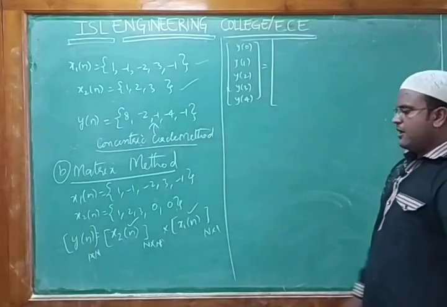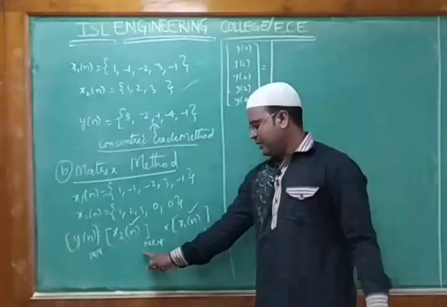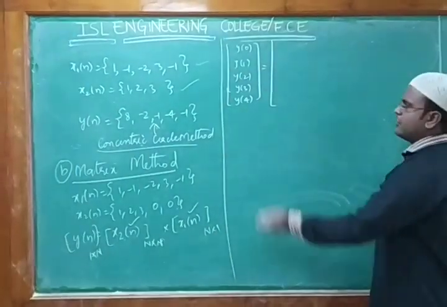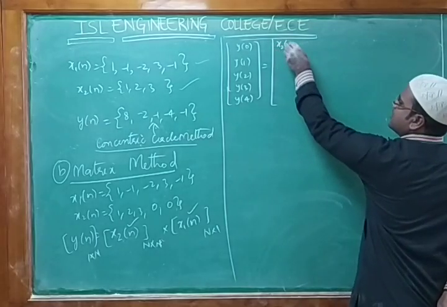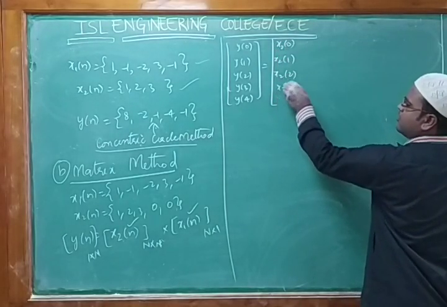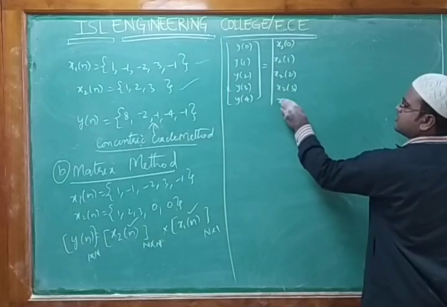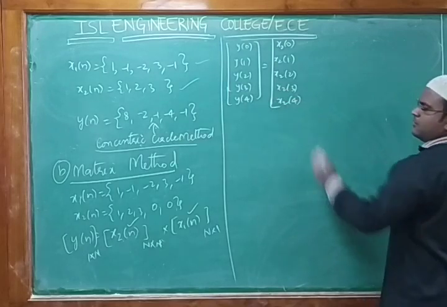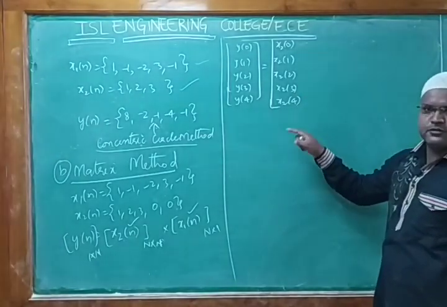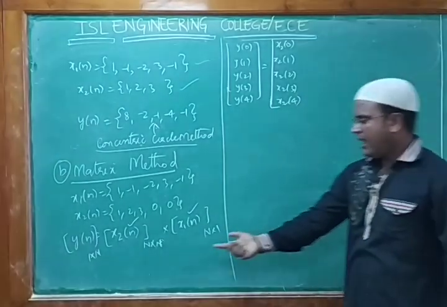How do we get this? We have to use the x2 of n matrix, an n by n matrix. What is the first value of x2 of n? I have x2 of 0, x2 of 1, x2 of 2, x2 of 3, x2 of 4. This is one column, 5 rows, but for writing we have to get n rows and n columns.